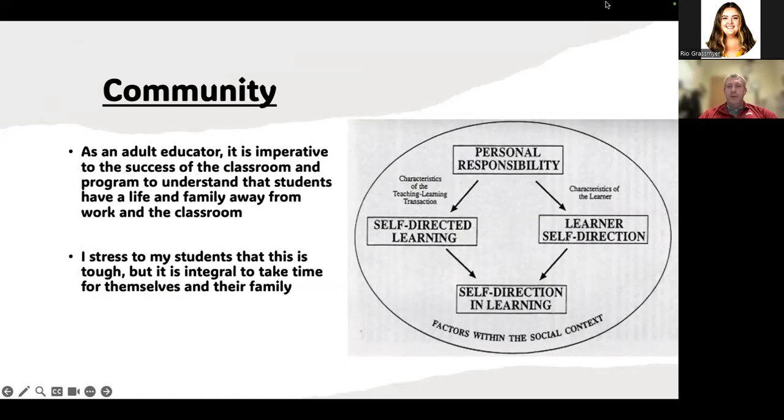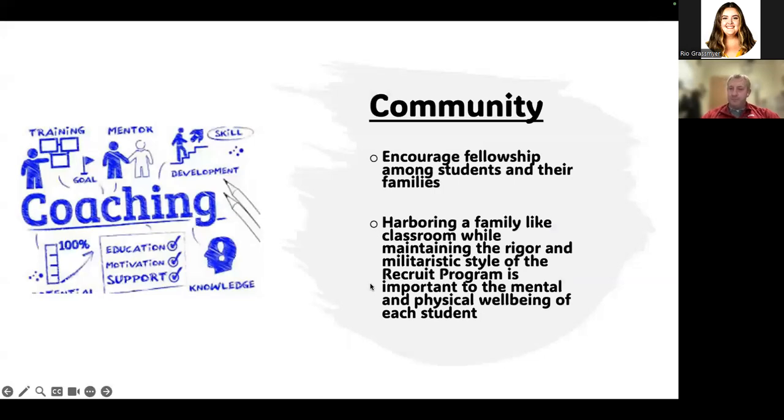A lot of them are at the point that they say, I gotta focus on this class, especially when we look at the paramedic programs. Encourage your students to take a moment for themselves. Encourage your students to take a little bit of time for their families. It's so important for them to have that, because who is really at home encouraging them every day? Their families. It's so important for us to continue to do that.